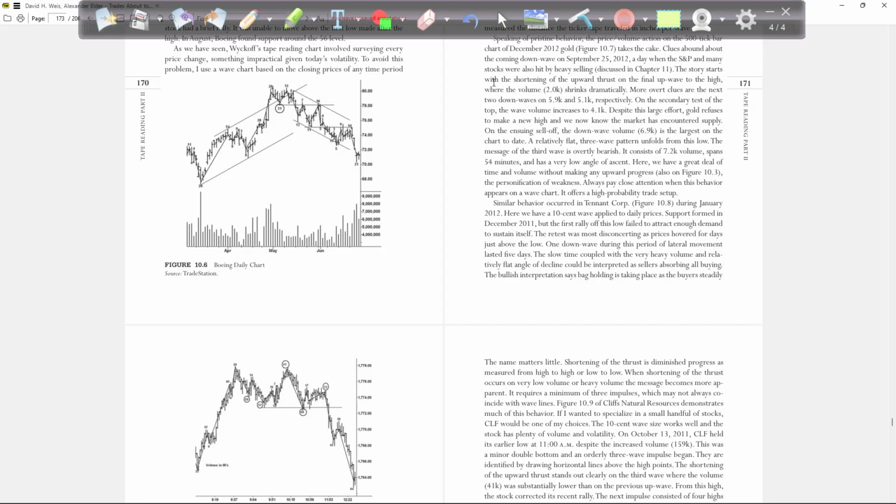The story starts with the shortening of the upward thrust on the final upwave to the high, where the volume of 2.0K shrinks dramatically. More overt clues are the next two down waves on 5.9K and 5.1K.